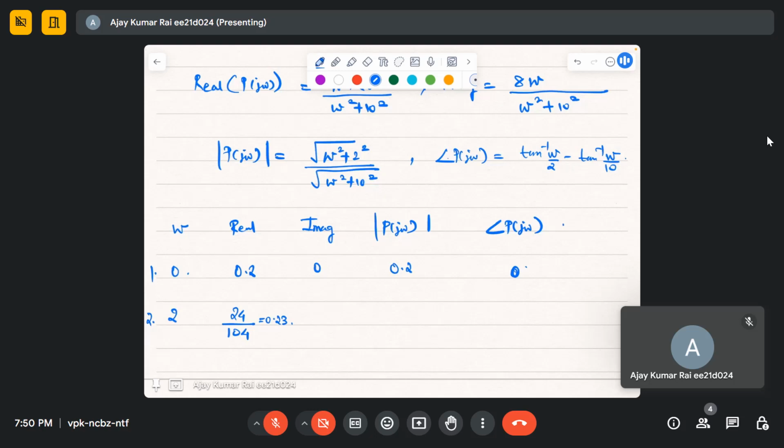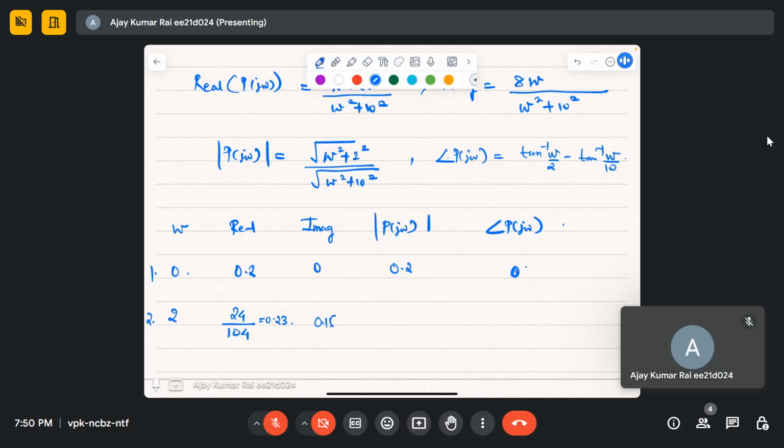First, let's find the imaginary part. So it's 8 into 2 by 104, which is 16 by 104. So what is the value you'll get? 0.15. Correct. So I'm writing 0.15.